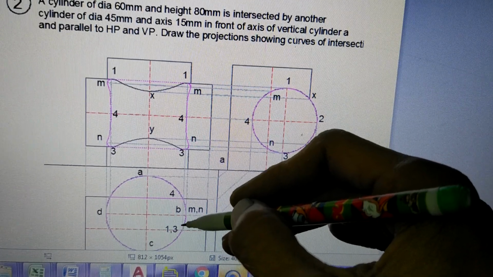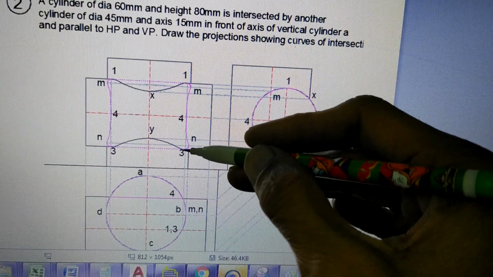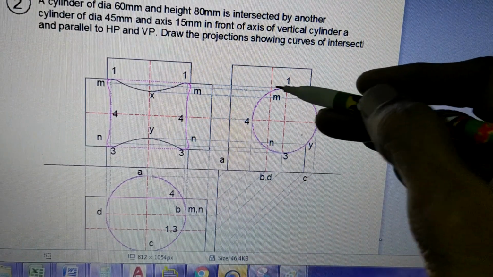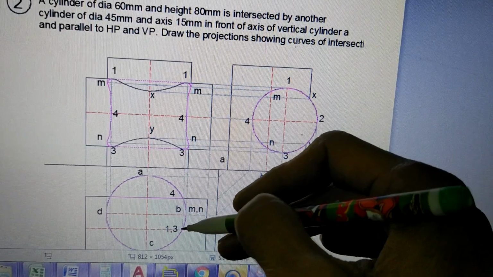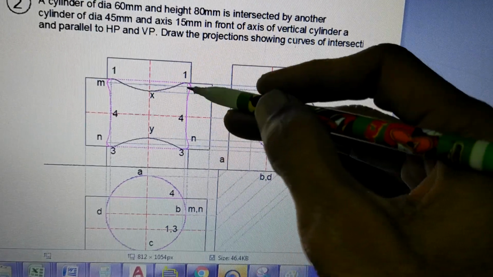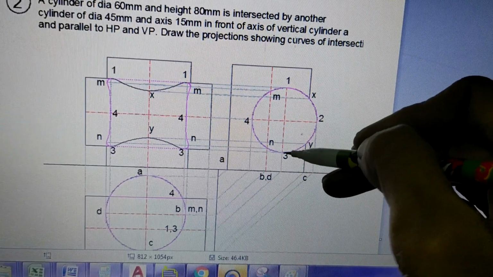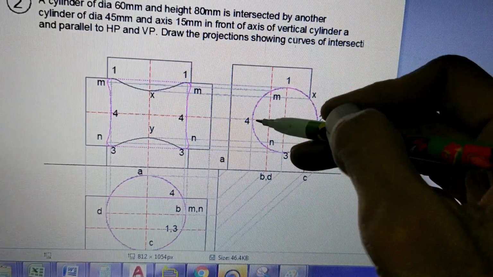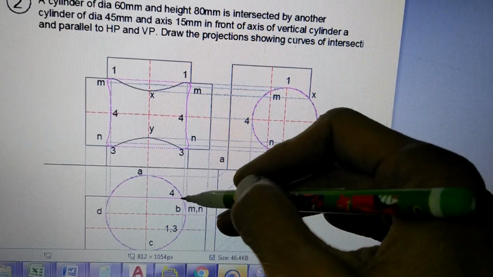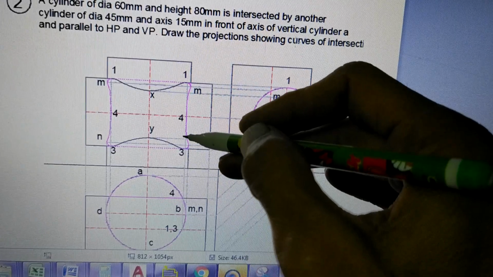So if the top view of 3 is here, in the front view it will be here. Same way, point number 1, point number 3 are here. In the front view, 3 is here and 1 is here. Then from 3 we go to 4. 4 is here at this height. 4 is in the top view here. So when you project, 4 has come here.